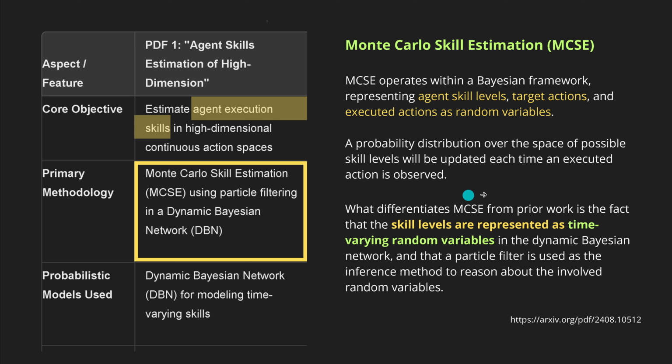And what differentiates this new methodology from the old work is that the skill levels are represented as time-varying random variables in the dynamic Bayesian network, and that a particle filter is then used as an inference method to reason about the involved random variables.